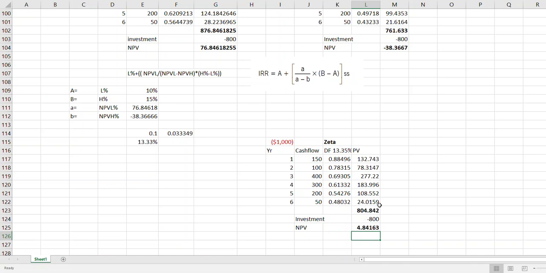Now what does this 13.33% mean? Now this means that this project would not be worthwhile if the cost that we are obtaining funds for this project is at more than this percentage. If we can obtain fund for this project at 8%, then it would be worthwhile. If bank would give us loan at 15%, then it would not be worthwhile.